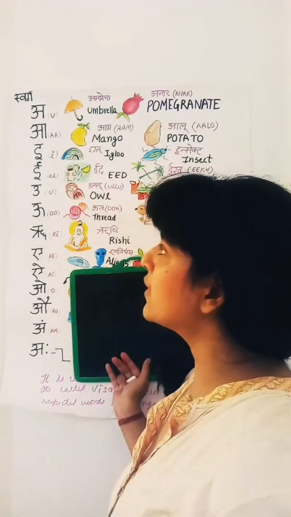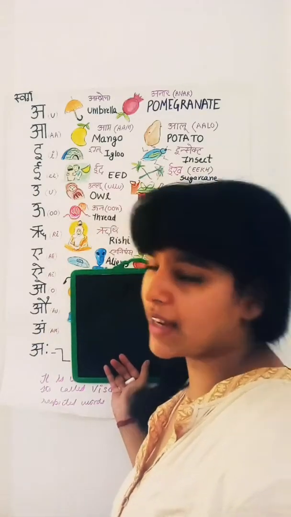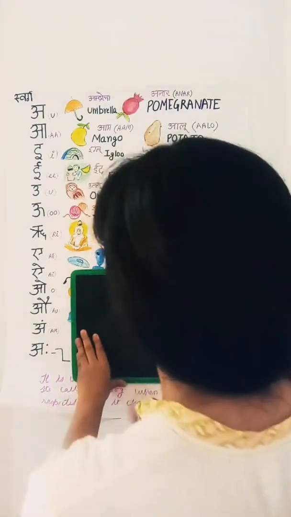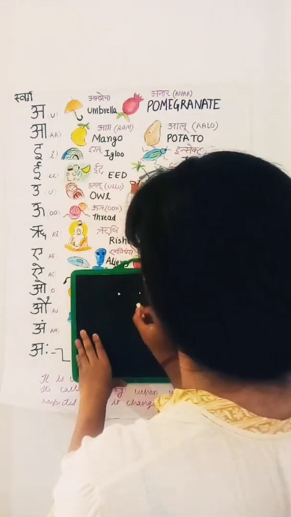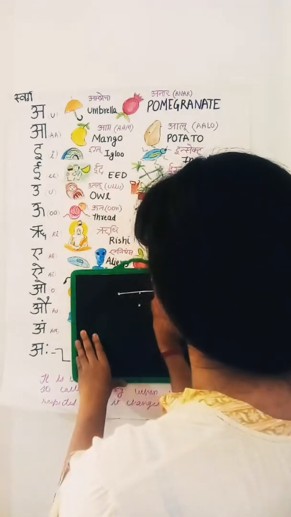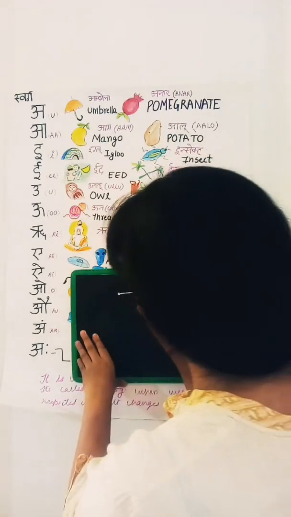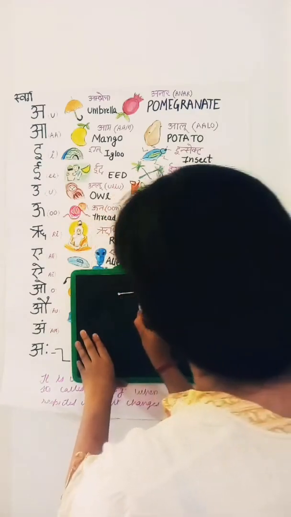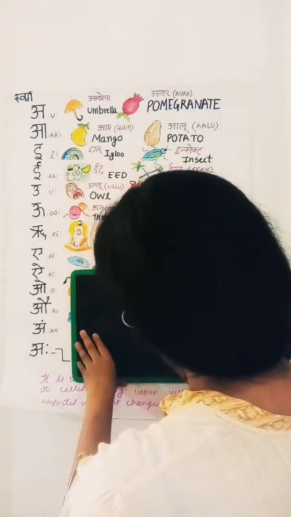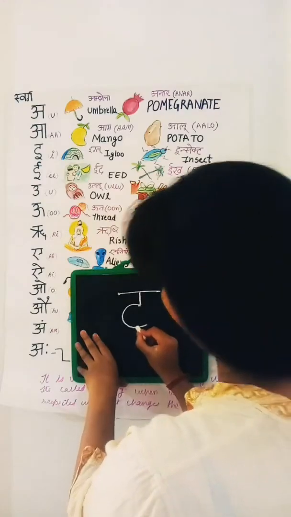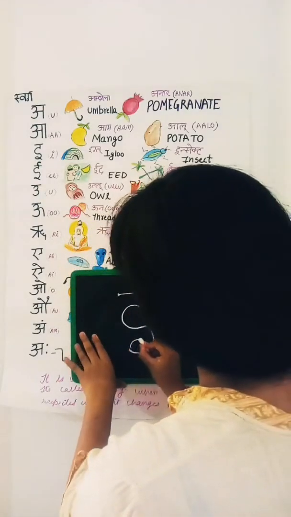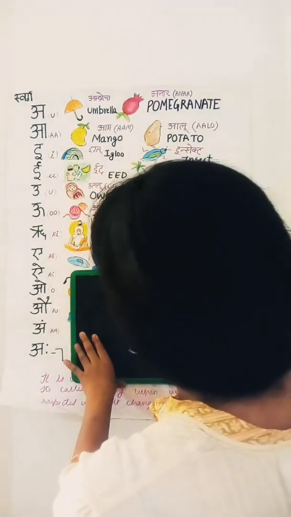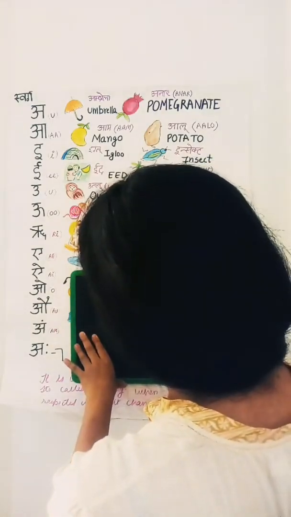So let's begin with how to write this E. First we make dots, a vertical line and a horizontal line, and then a C, and then an arc, and then another arc, and then a small arc above.